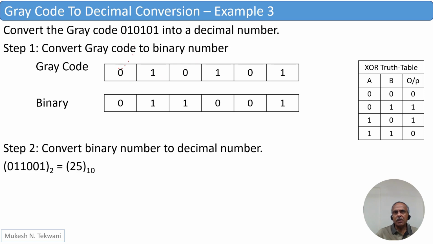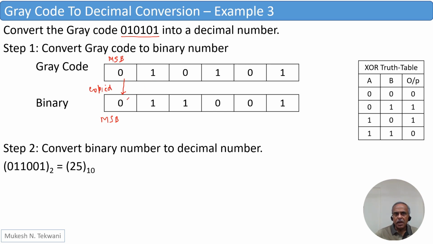Assuming our gray code is the same as we had in the earlier example, 010101, we write the gray code bits and convert this into its equivalent binary. As we saw in the previous example, the MSB of the gray code is copied and it becomes the MSB of the binary code. So this bit has been copied.